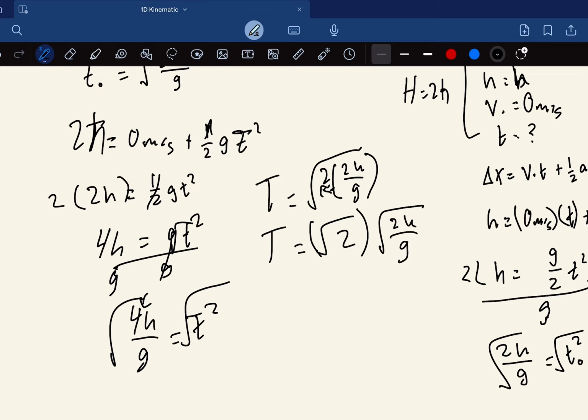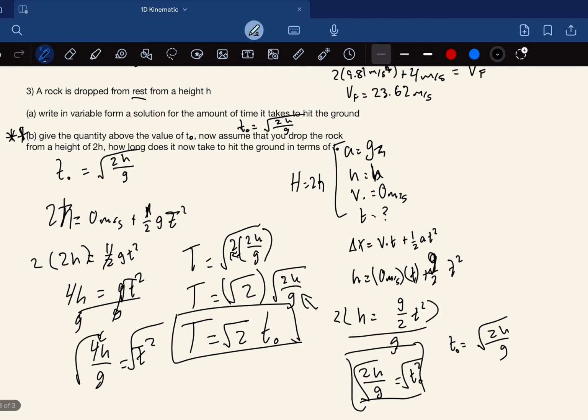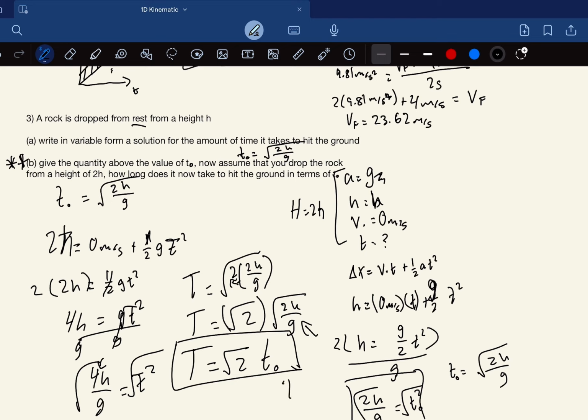And then we know that radical 2h over g is also our value for t naught. So we have t equals radical 2 times t naught. And that is what our answer is looking for. We have big T in terms of t naught.